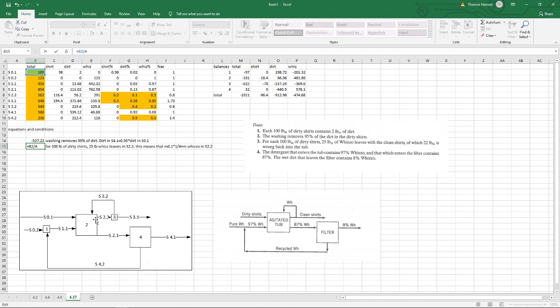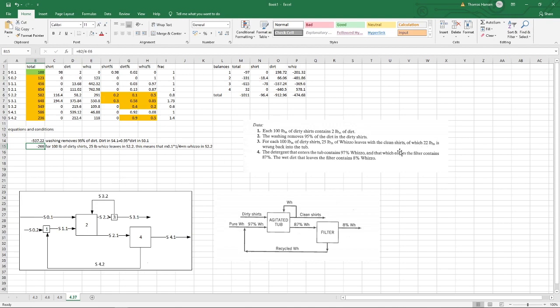If I subtract the amount of Wizzo in 2,2, so I go to my stream 2,2, I find my amount of Wizzo, there we go, this should give me 0 if that condition is satisfied. So if 25 pounds of Wizzo enters per 100 pounds of shirts, then this equation should give me 0.